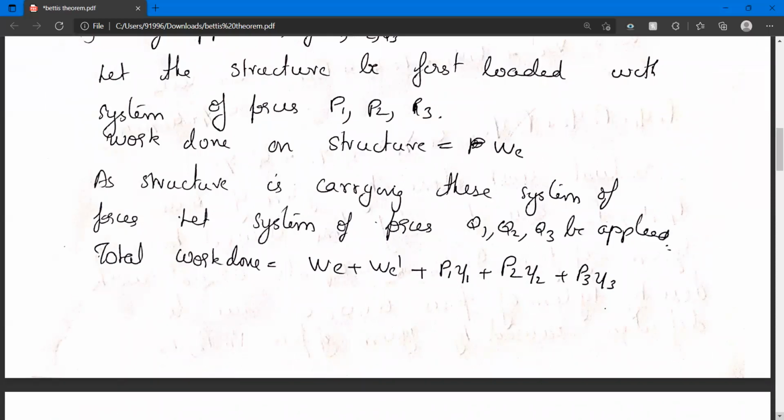First the structure is loaded with the forces P1, P2, P3. So the work done first is WE. After that, on that itself, Q1, Q2, Q3 is applied. Okay. So the total work done is WE plus WE dash plus P1 small y1 plus P2 small y2 plus P3 small y3.